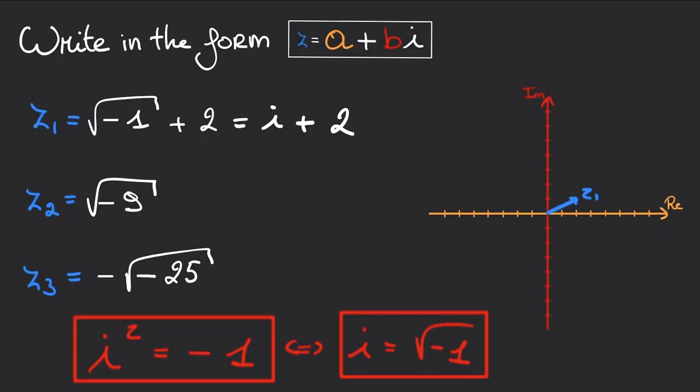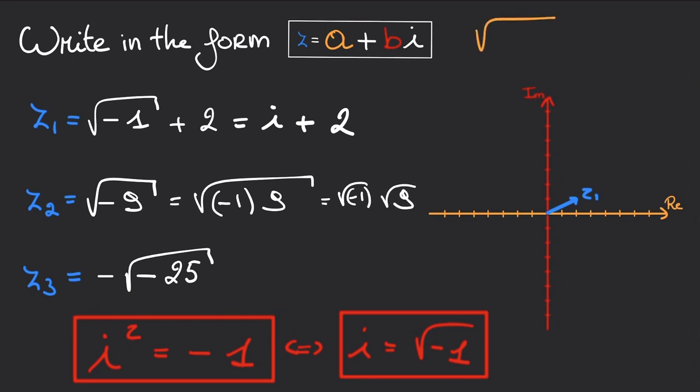Maybe a little bit more challenging is this second complex number. How exactly are we going to extract the i, which is somehow hidden inside the square root? Here is how we are going to operate. We are going to rewrite this as the square root of -1 times 9, and I'm going to break the square roots up.